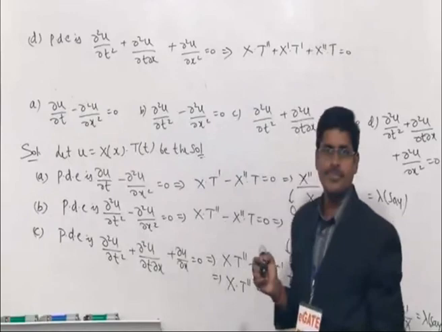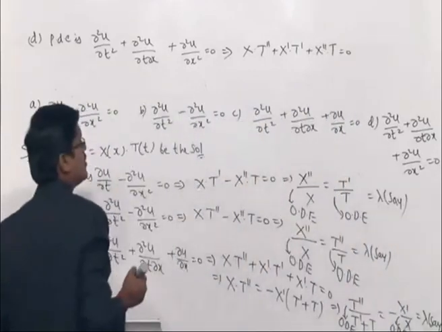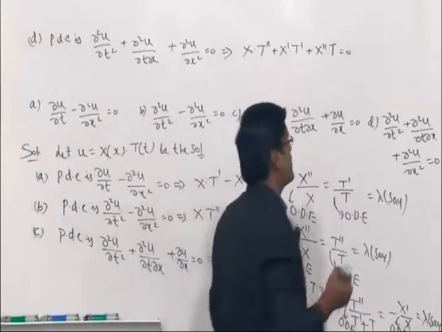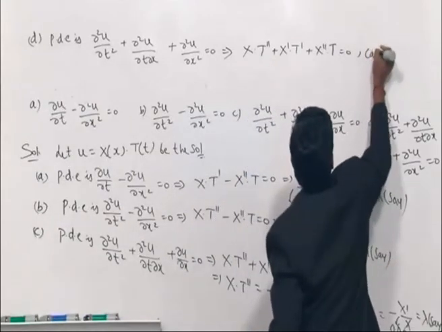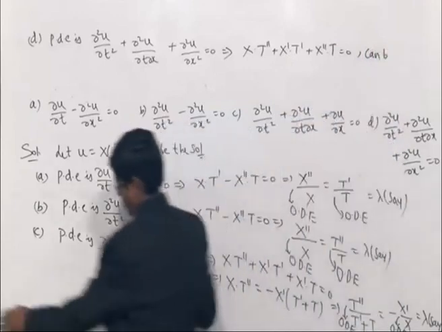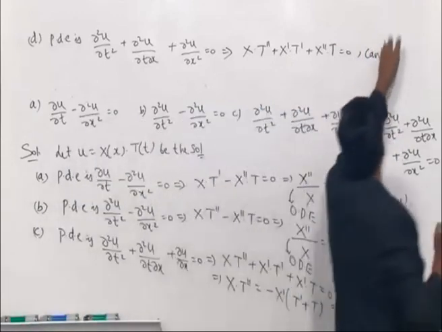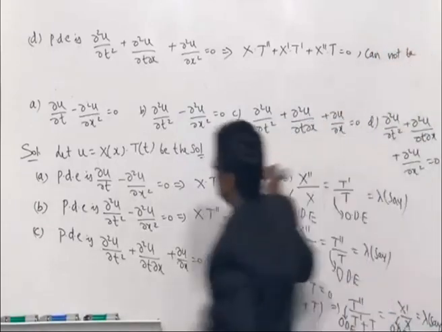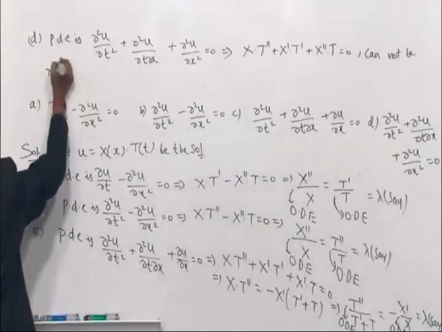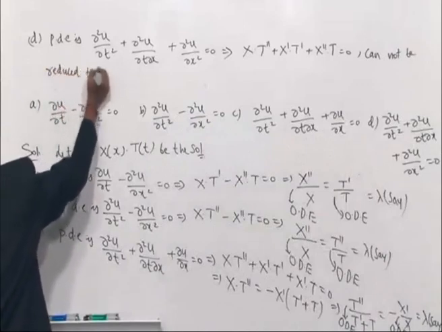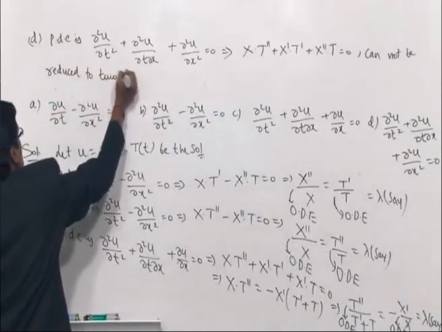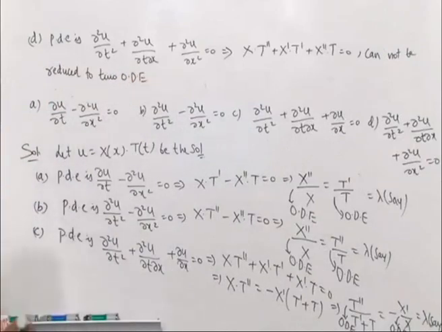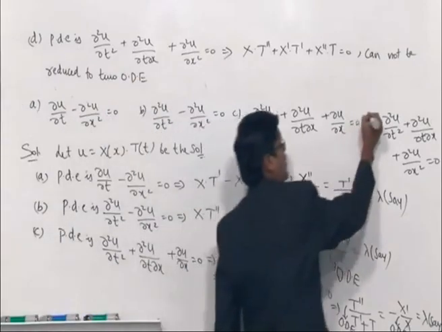So here no x common, no t is also common. So this cannot be reduced to ODE, ordinary differential equations. So the answer is option D.